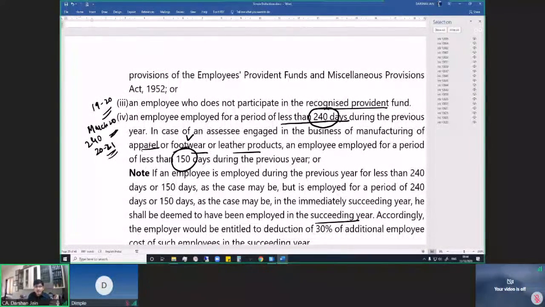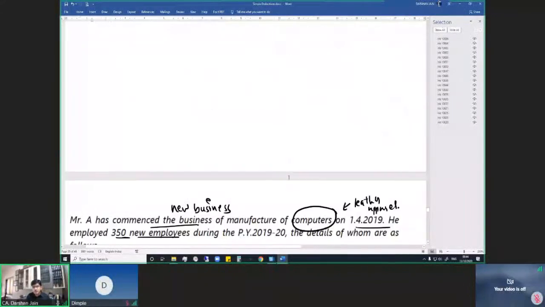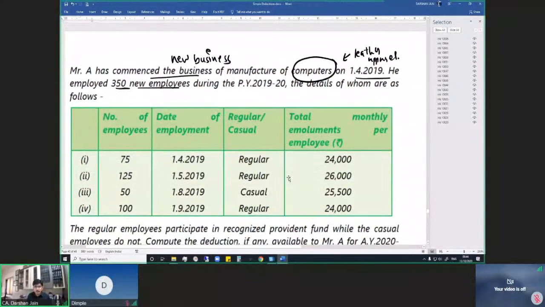For footwear, leather and apparel, the days are reduced to 150 days. We'll have to stick to 240 days therefore. So you understand that only an employee of 240 days would qualify for being treated as an additional employee.